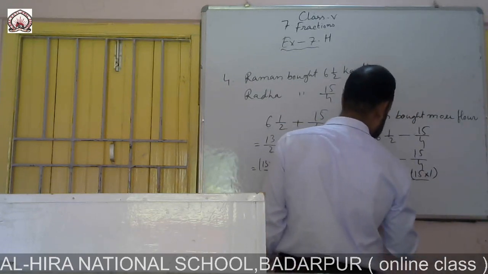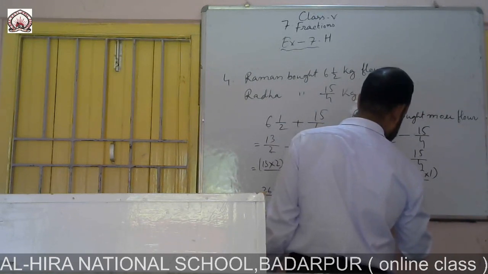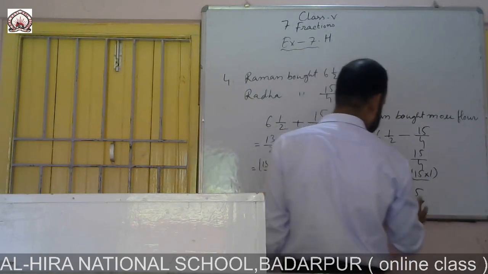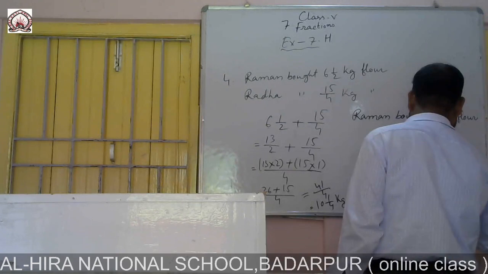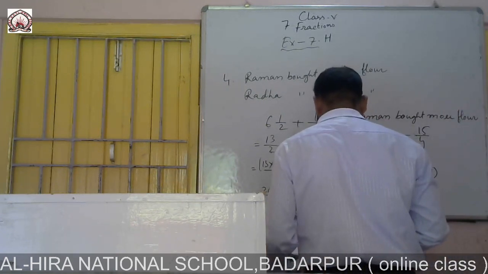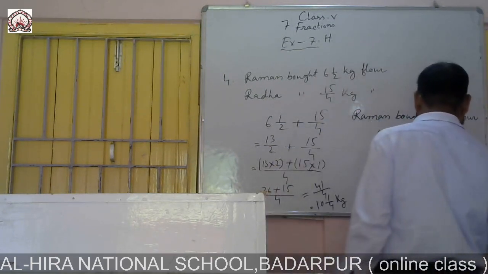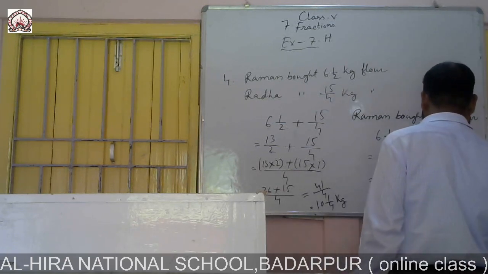So 26 minus 15 by 4. Now 26 minus 15: 6 minus 5 is 1 and 2 minus 1 is 1, so 11 by 4.